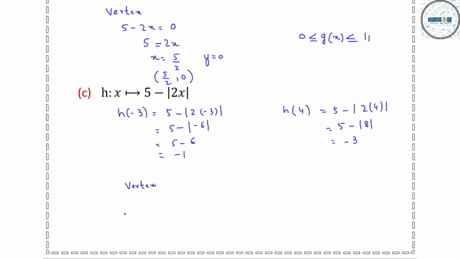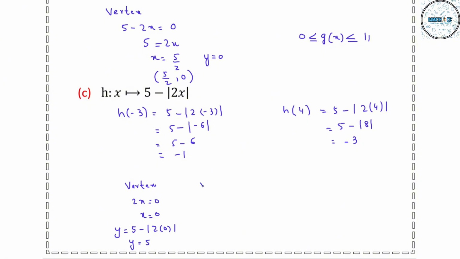For vertex, we will equate this 2x to 0. So it is x is equal to 0. And the y value, when we substitute the value of x as 0, we have y is equal to 5.